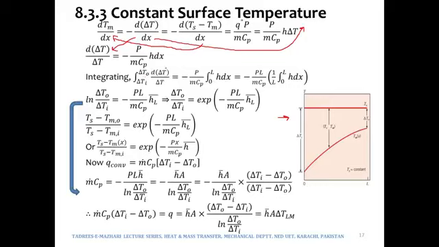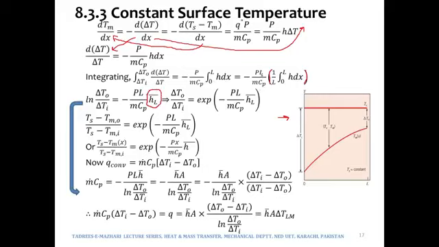The rest of the things remain the same: d of delta T over delta T, and on the right hand side we have minus P upon m Cp times integral of h dx. Now if we multiply and divide by L and give it this particular form, and I hope you will readily recall this form, the integral of h dx over L is in fact h bar, the average heat transfer coefficient which has been mentioned over here.